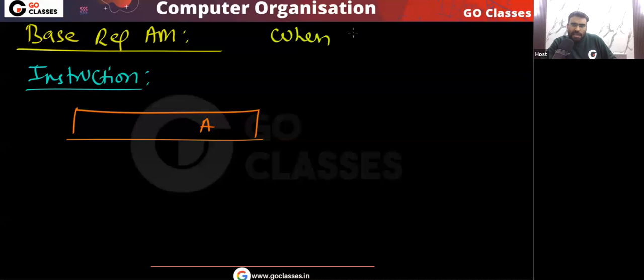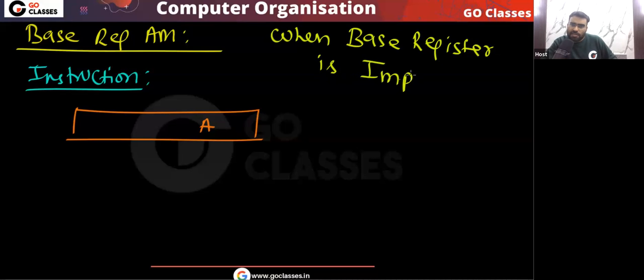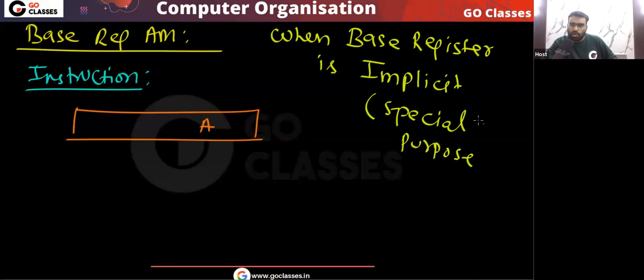your base register is implicit, or I can say special purpose. Yes or no? When the base register is implicit, or I can say a special purpose register, then you don't have to mention it.